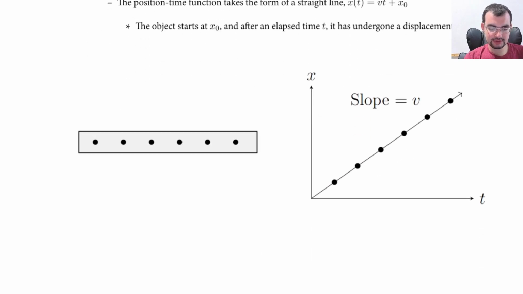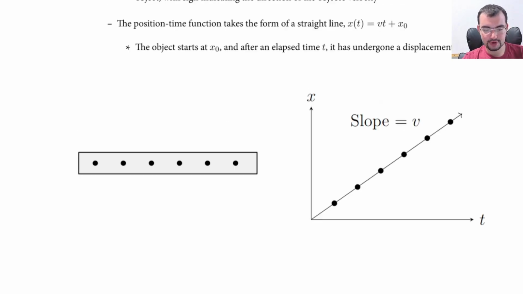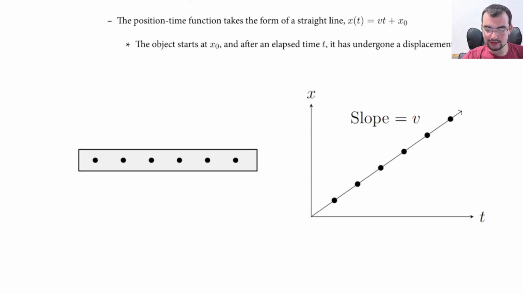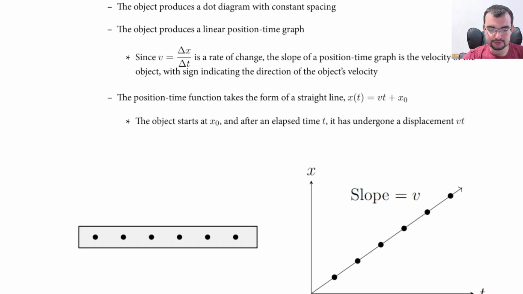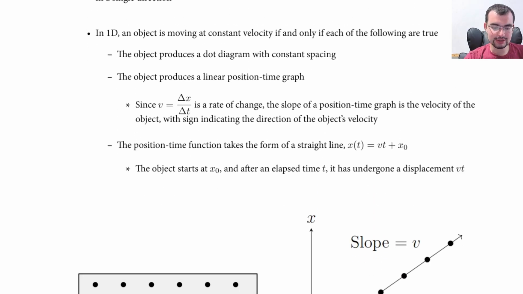If your FPS video goes click, click, click, click, click, your distances increase by the same amount every second. So notice that these spacings are the same. This is what's implying constant velocity. We will talk about that in the next problem. If you make a linear position-time graph, right, because you're going up by the same amount every second, this is because your velocity is the rate of displacement.